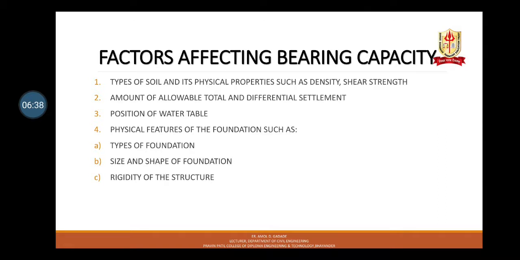Here are some factors affecting bearing capacity of soil. So bearing capacity depends upon a number of factors which are given below: type of soil and its physical properties such as density, shear strength, etc.; amount of allowable total and differential settlement; position of water table; physical features of the foundation such as type of foundation, size and shape of foundation, and rigidity of structure.